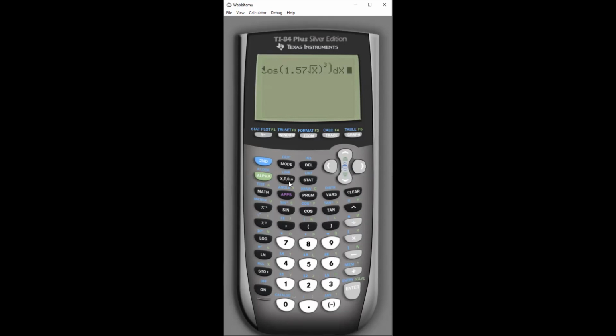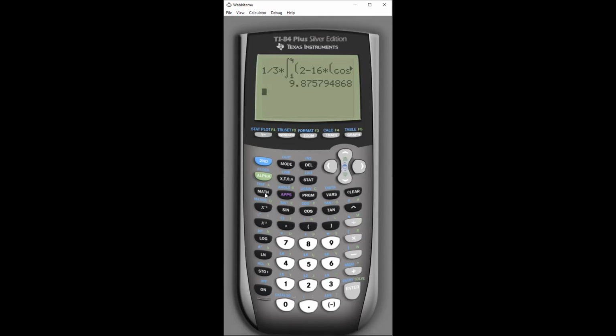And we are using x here instead of r, it doesn't matter. So let's do the calculation, enter. And the answer is 9.875795.